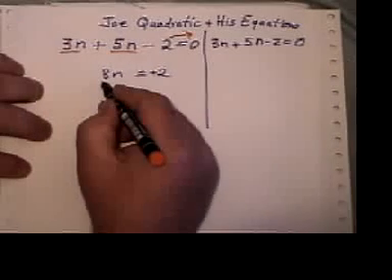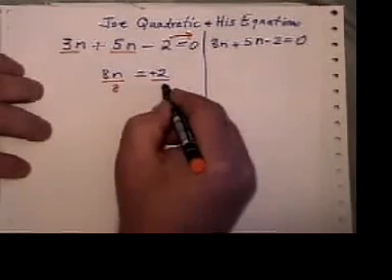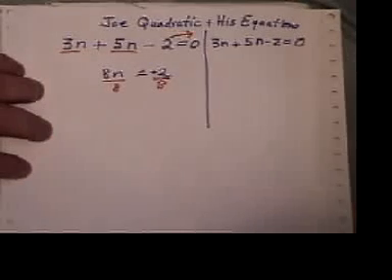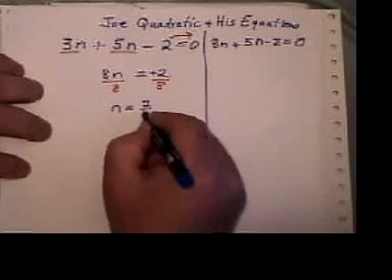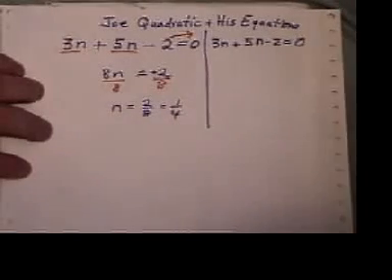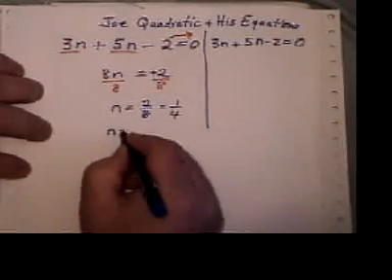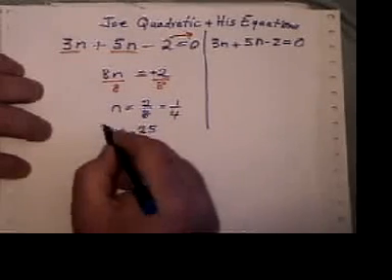Now, the opposite of multiplying by 8 is dividing by 8. So if I divide both sides by 8, I can end up with an answer: 2 over 8, or 1 over 4. Therefore, my answer is 1/4 or decimal 0.25.